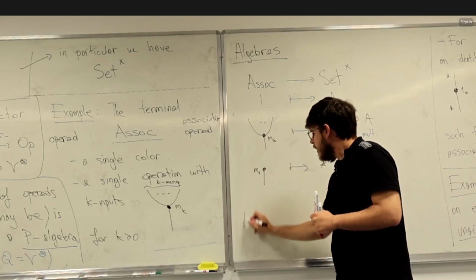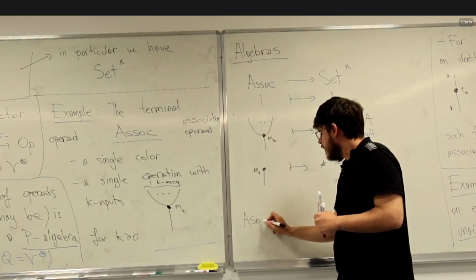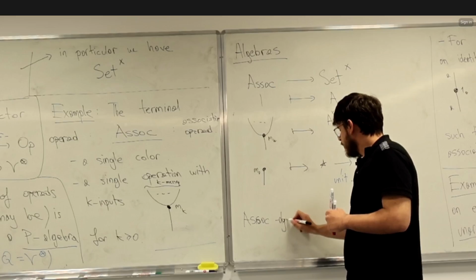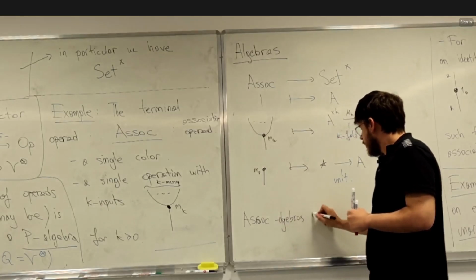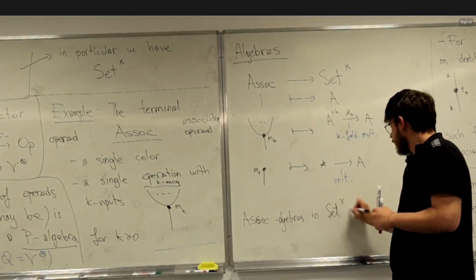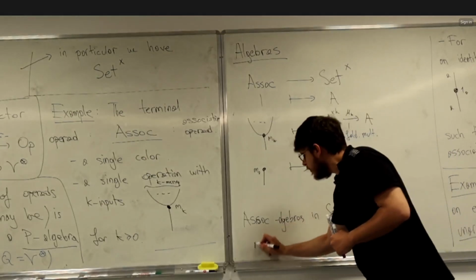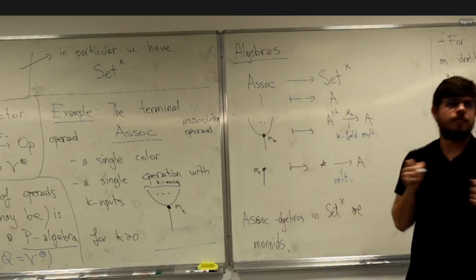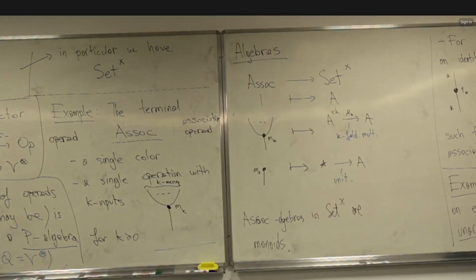So Assoc algebras in Set are monoids. Okay, so the terminal operad records the notion of monoid actually.